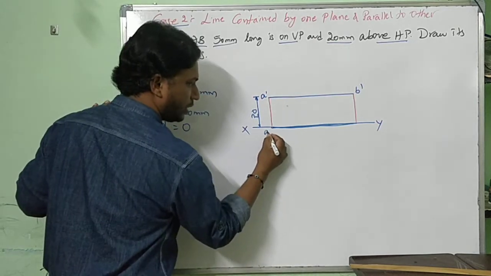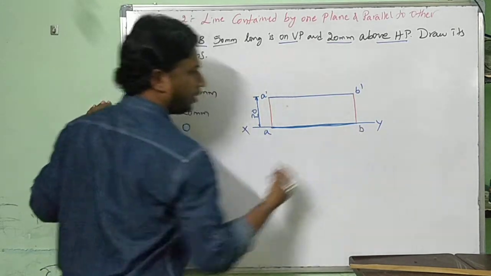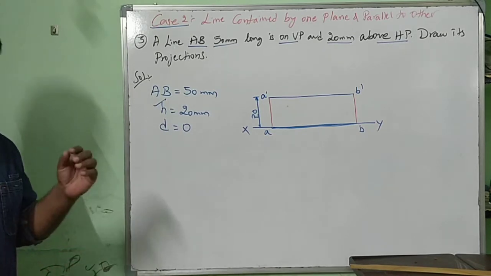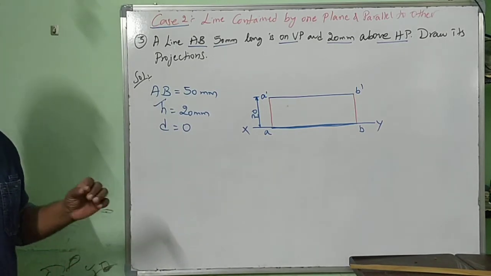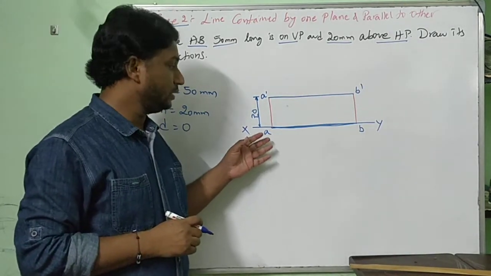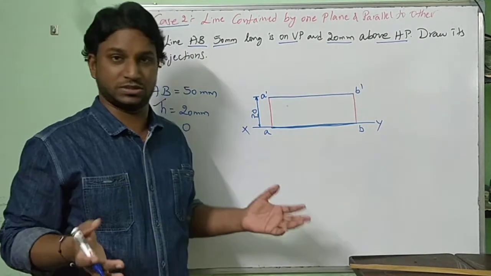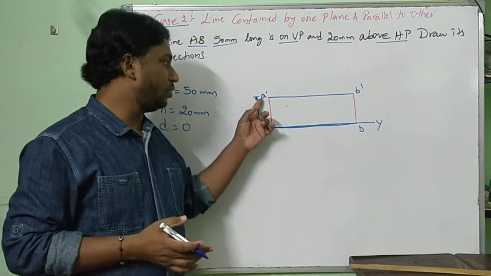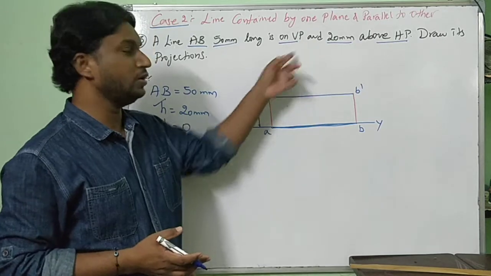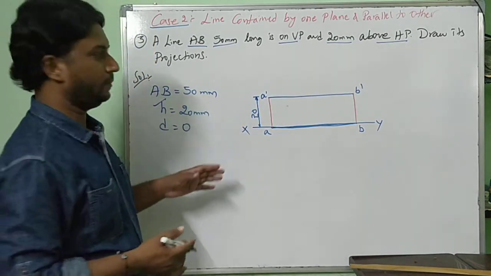At these points you have to plot them as A, B. We are representing the top view on the XY line. So notation A, B. If you do not write this AB, the meaning changes. So above the XY line, front view A dash B dash, on the XY line, top view AB.